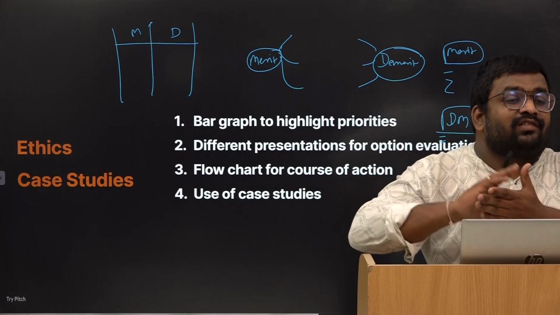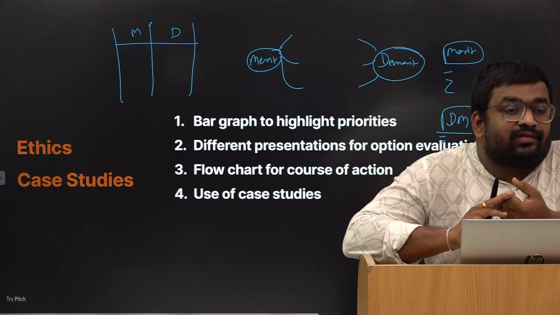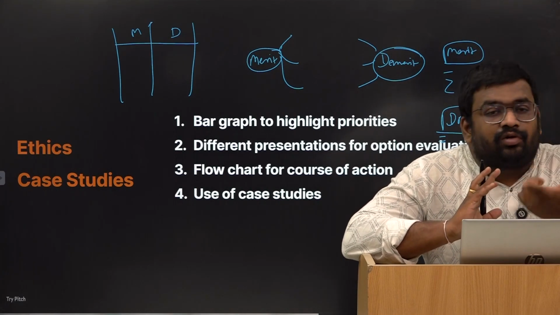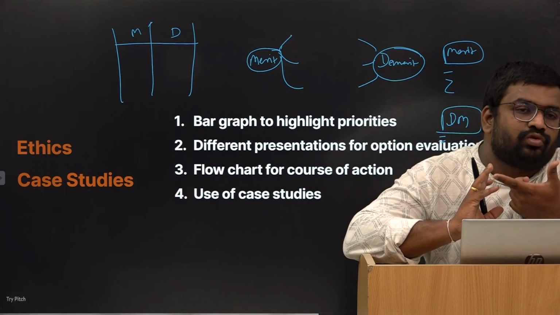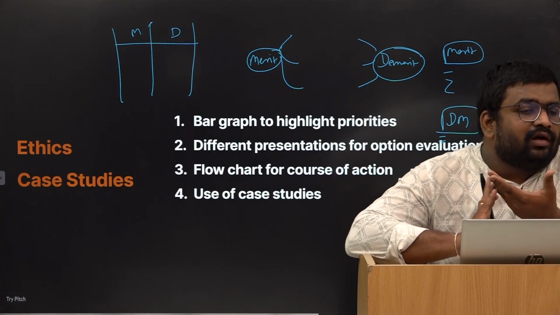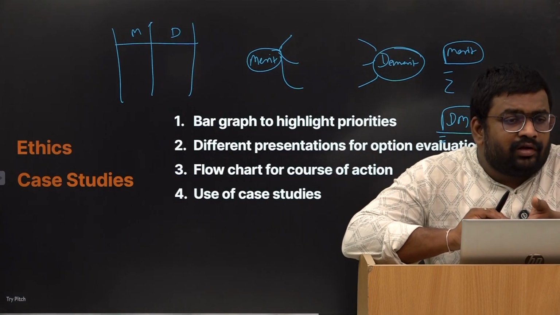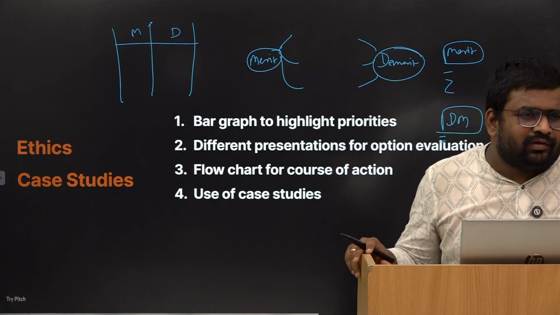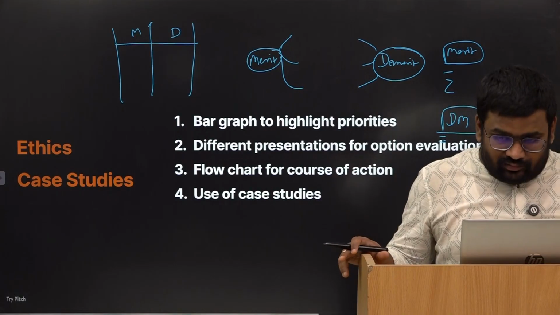Because there are 6 case studies and each case study has 4 pages. So if you follow the same structure, introduction, then stakeholders, ethical issues, and the same format for the merits and demerits and all, your answer will become very monotonous. That generally doesn't fetch marks.